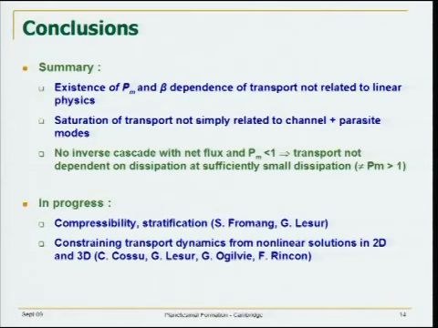It looks like there is, in the small Prandtl number regime, no inverse cascade in the net flux situation, in which case we might hope that at some point the transport will become independent of the dissipation, basically.